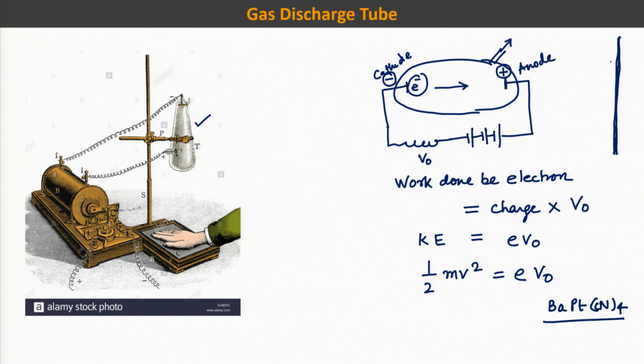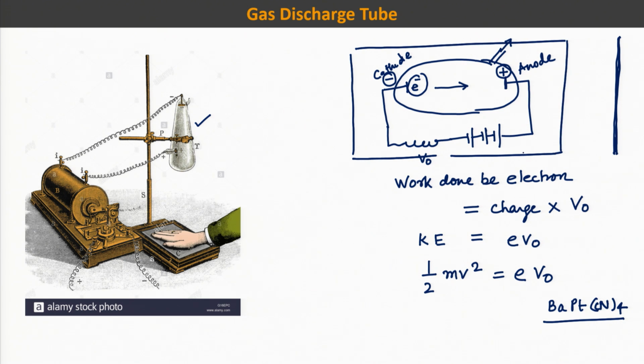He immediately wondered whether it was an effect of light on the plate, so he covered the gas discharge tube with an opaque black solid wood box. Still, the plate painted with barium platinum cyanide was glowing, so he understood that this was not radiation from the light region. It was some other kind of radiation.